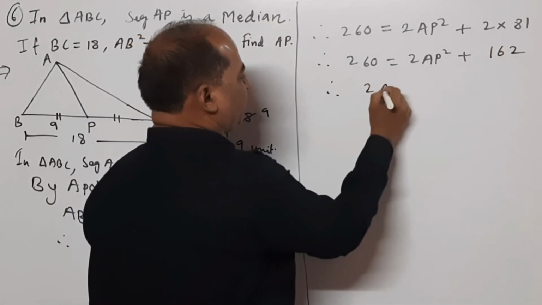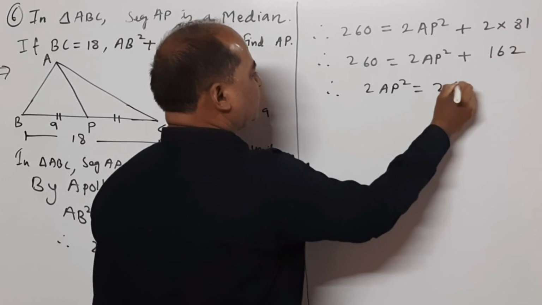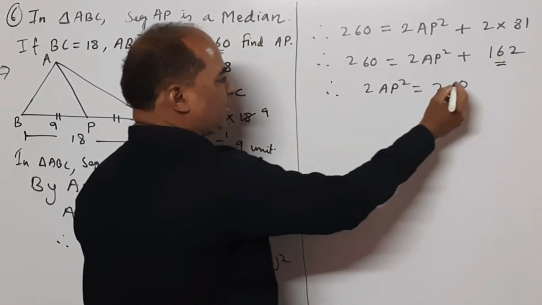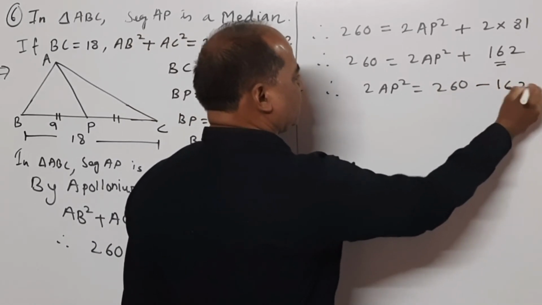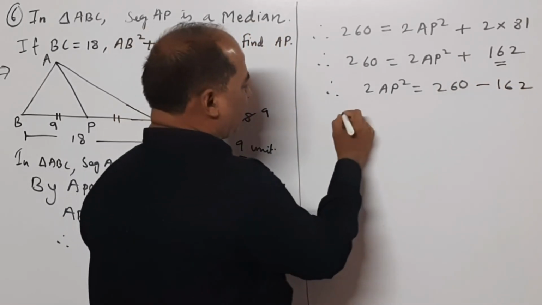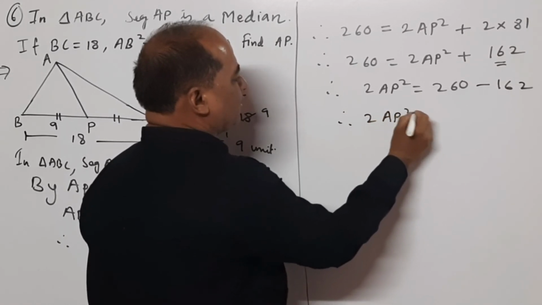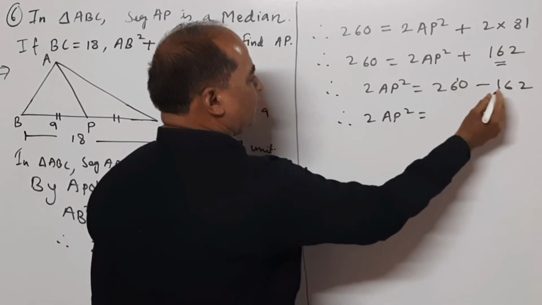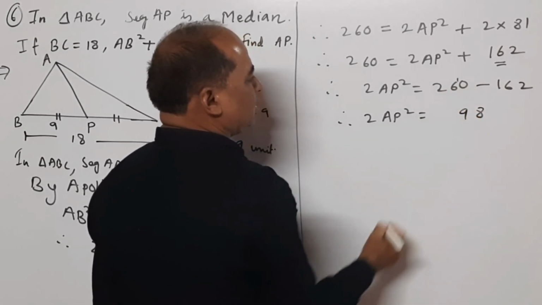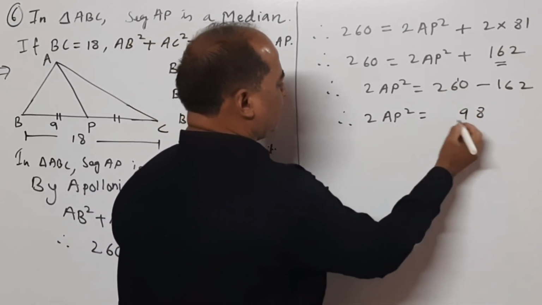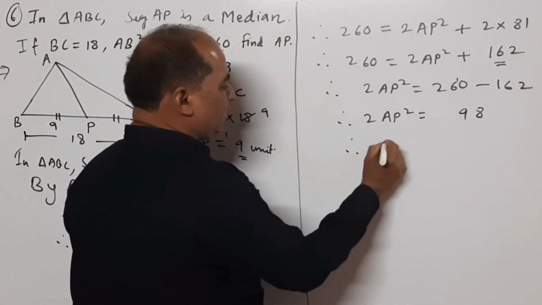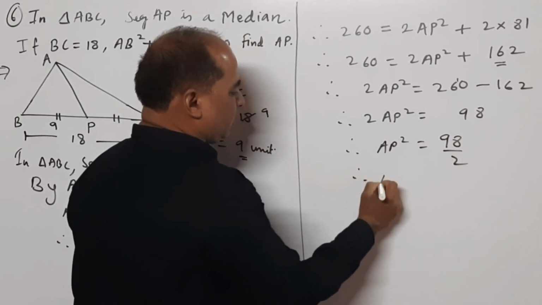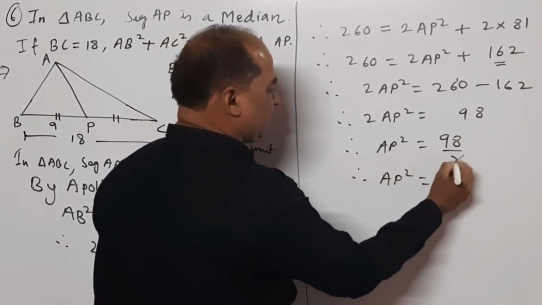Therefore 2 AP square is equal to 260 minus 162, which is 98. Therefore AP square is equal to 98 upon 2, so AP square is equal to 49.